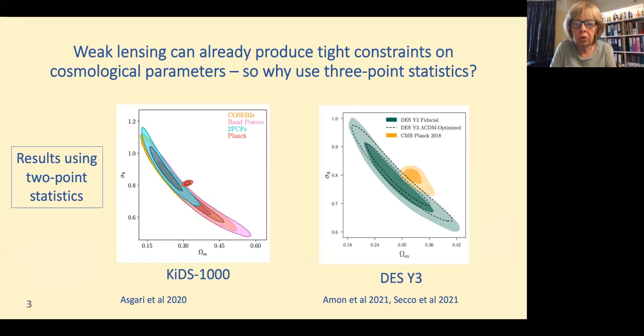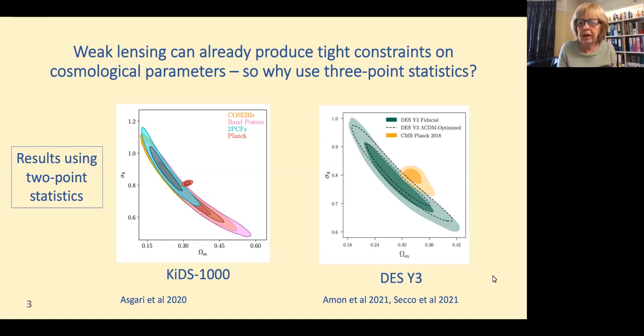And they're based on 2-point statistics. In fact, the kids analysis here is based on 3 different 2-point statistics. And all these results are very good. They're excellent, good constraints. And why would you want to complicate matters by using 3-point statistics?